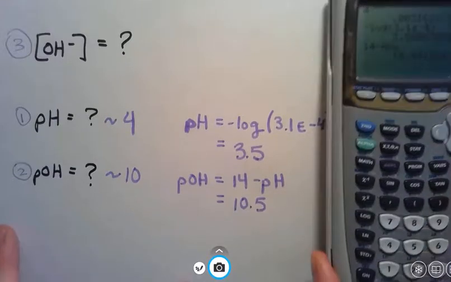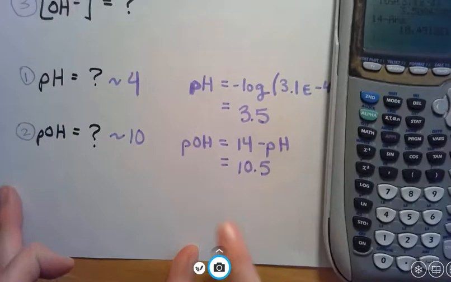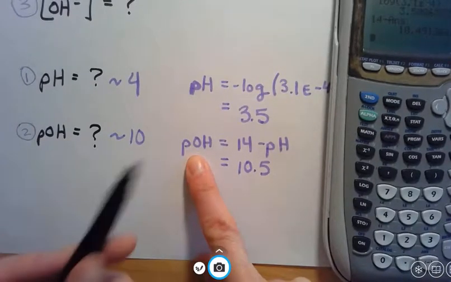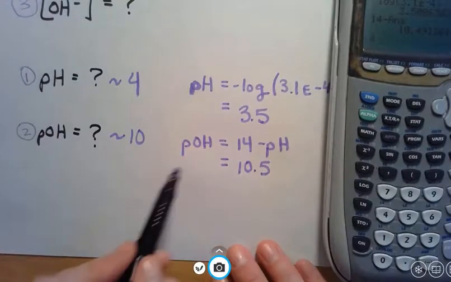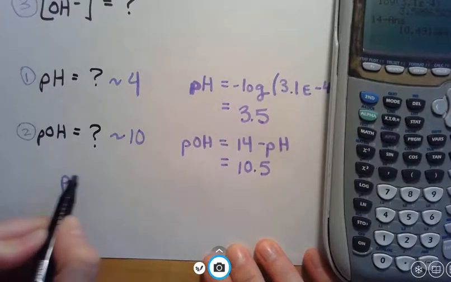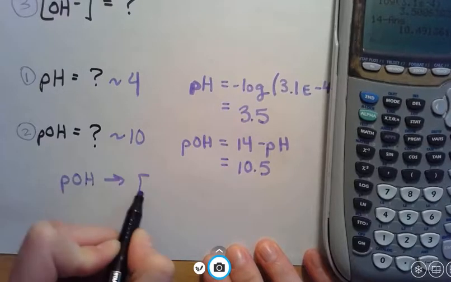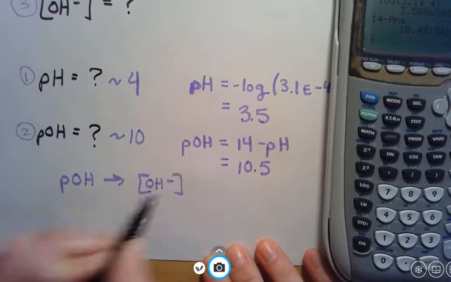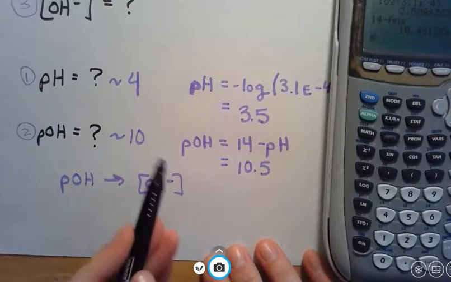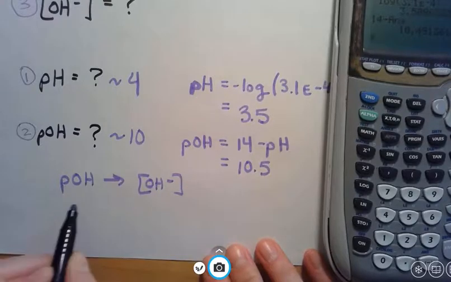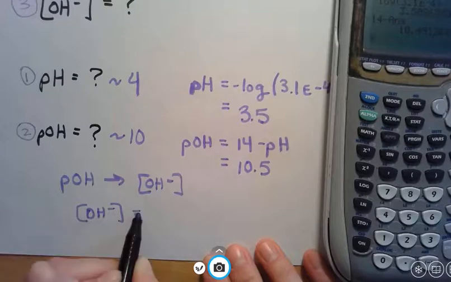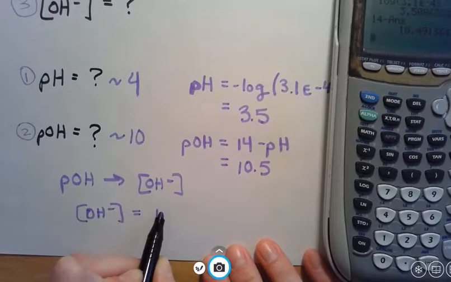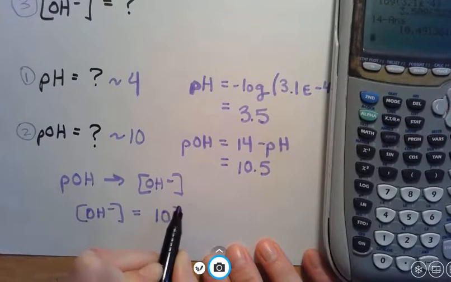As a last step then, if I now know my pOH, I could do the reverse of the log to get to hydroxide ion concentration. So if I have my pOH, and I want to go to concentration of hydroxide ions, then I need to do the inverse of that log function. So remember, I'm going to determine this by doing the 10x button, so 10 to the negative pOH.